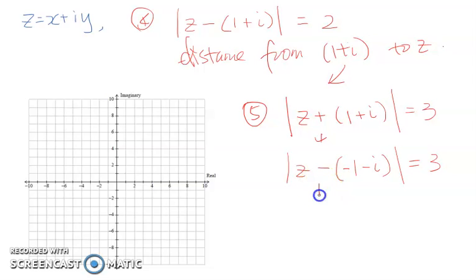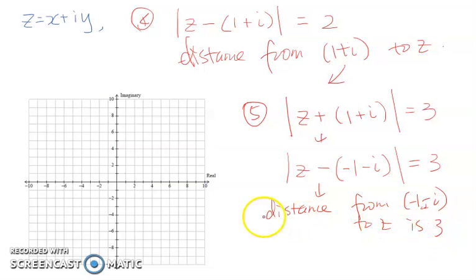So now I can interpret this. This is the distance from -1 minus i to z is 3. So the starting point is -1 minus i. If I plot that one, the real part is -1, and the imaginary part is also -1.